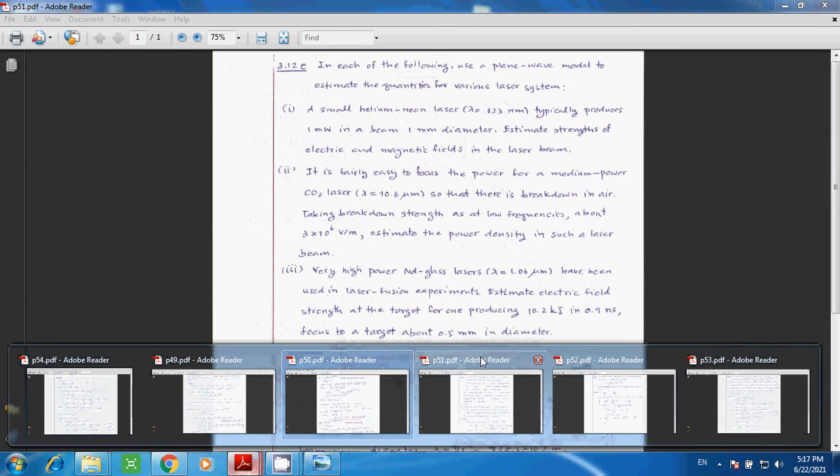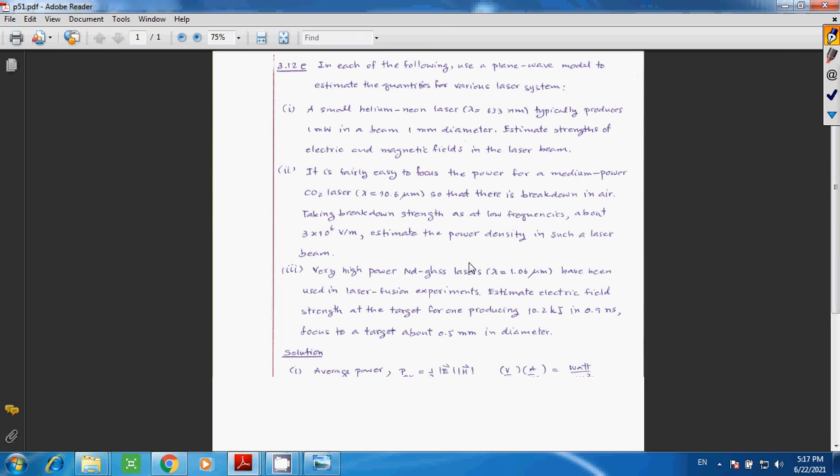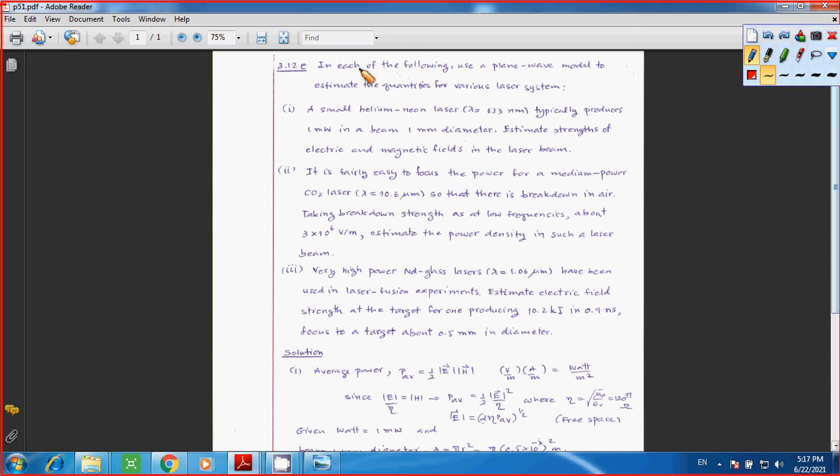Okay, let's move to the next problem. Problem 3.12e. In each of the following, use a plane wave model to estimate the quantities for various laser systems. You have system I, a small helium neon laser, lambda equal to 633 nanometers, typically producing 1 milliwatt in the beam.